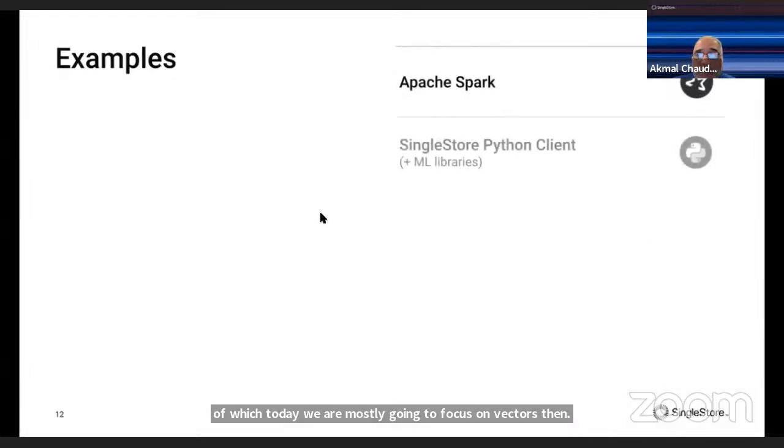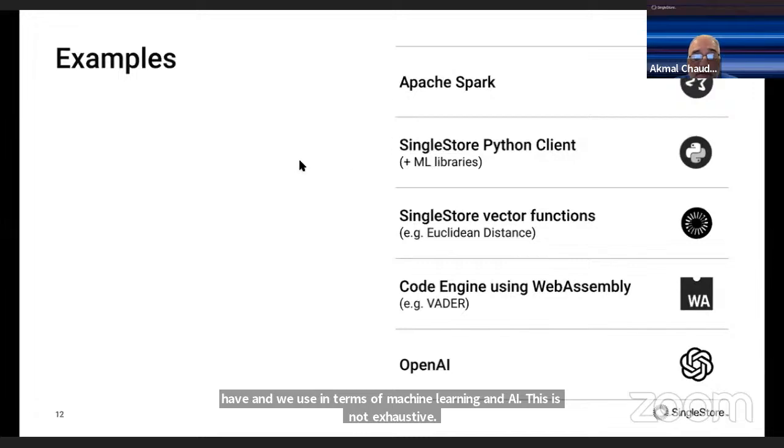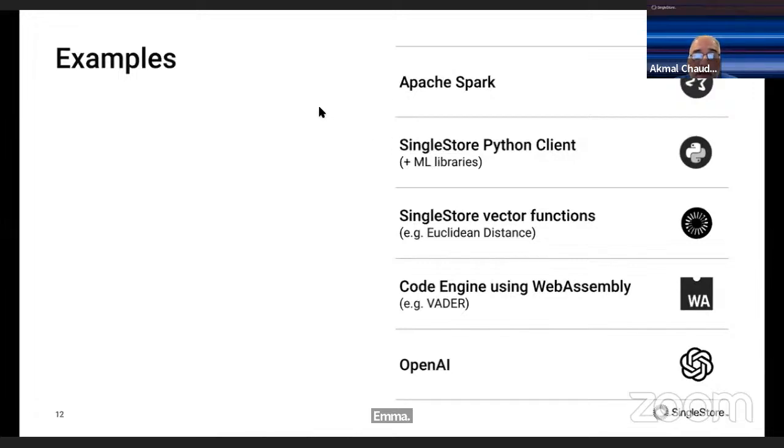All right, so here are some of the integrations that we use in terms of machine learning and AI. This is not exhaustive. I am a significant user of Spark, and write about that a fair bit. Python is the language that you can use in the portal, the Jupyter notebooks.